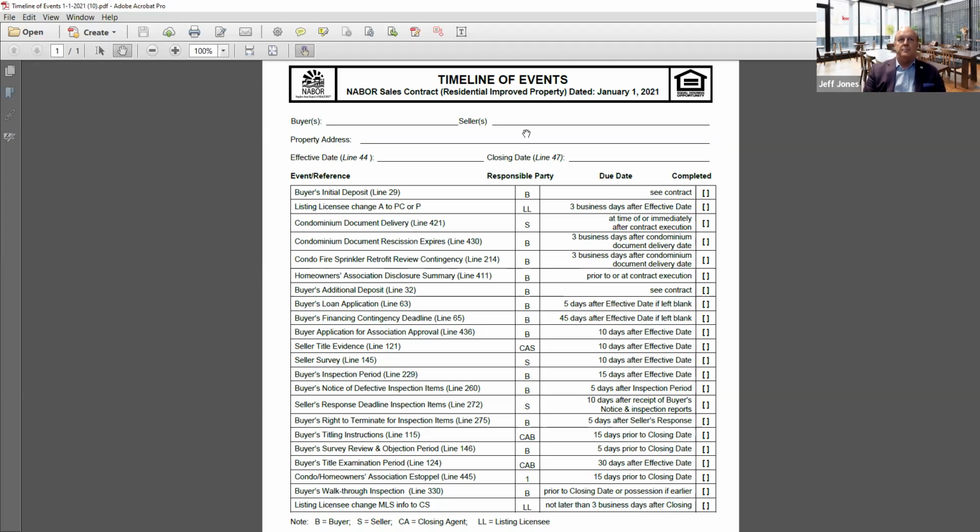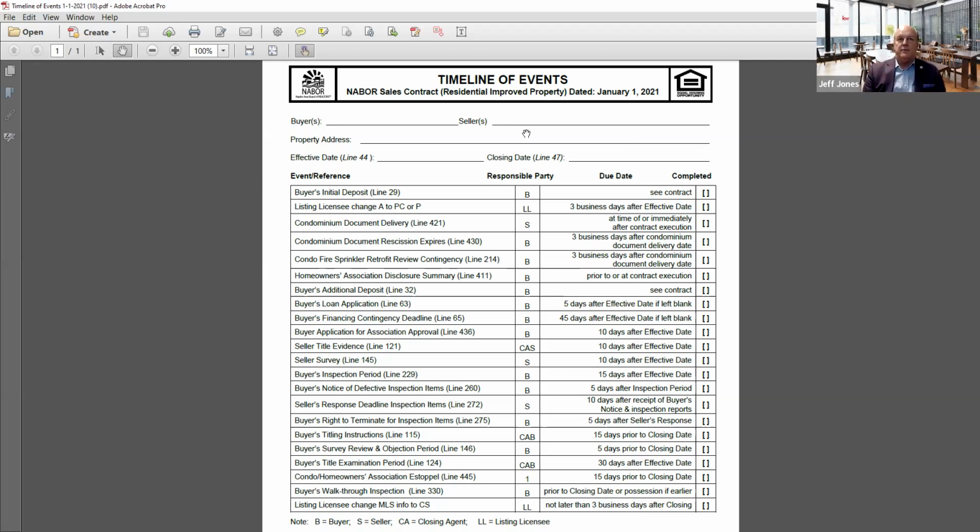Obviously, the buyer's inspection period, most of them aren't going to 15 days. So if they're only 10 or they're only 7, understand that that's in the normal NABOR contract, you get your days to inspect, you then get 5 days after that to request your repairs, and the buyer's right to terminate is 5 days.